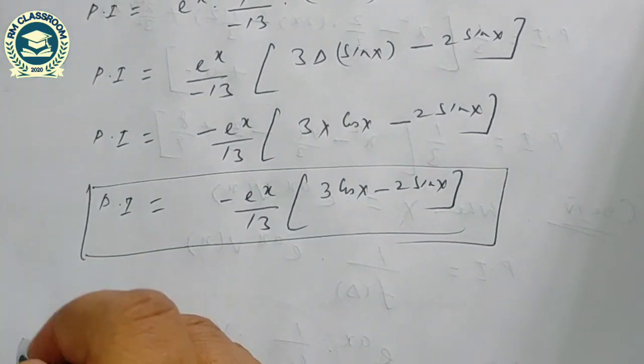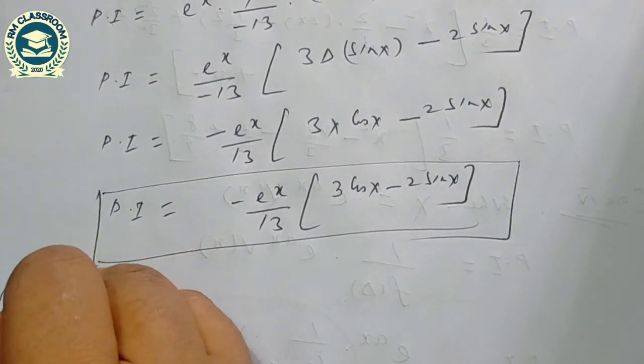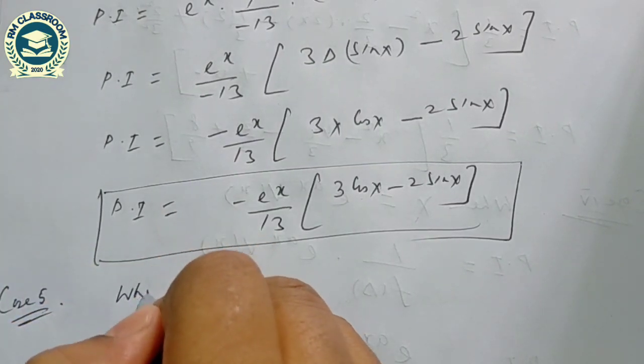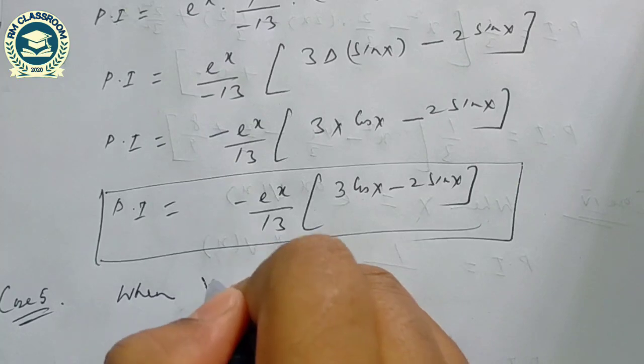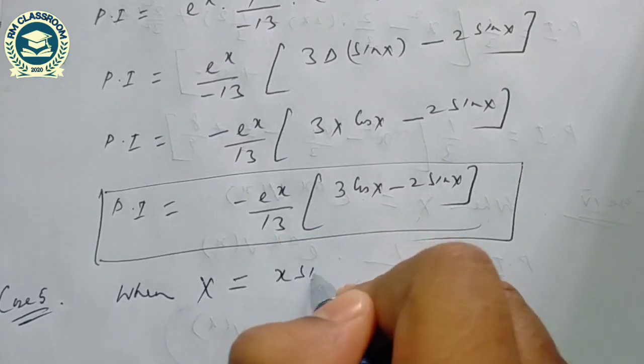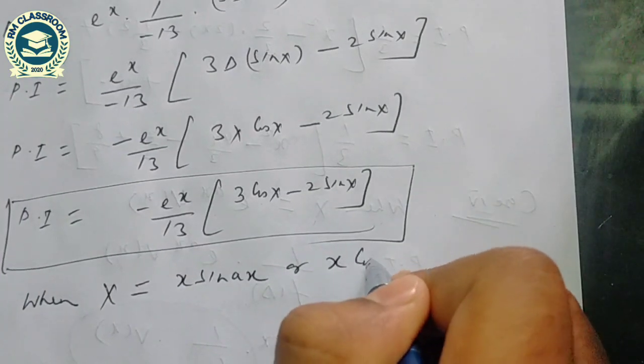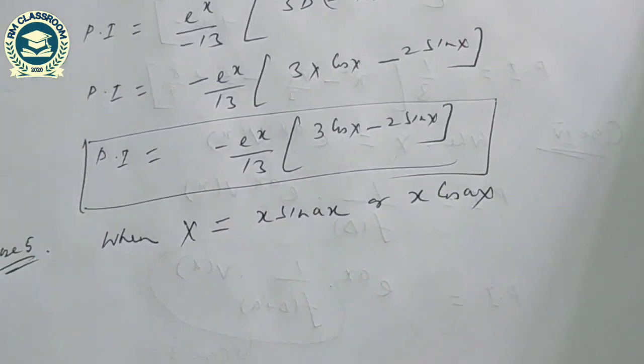Last case of this higher order differential equation or particular integral, case 5, when X is equal to x sin ax or x cos ax, then what will happen?